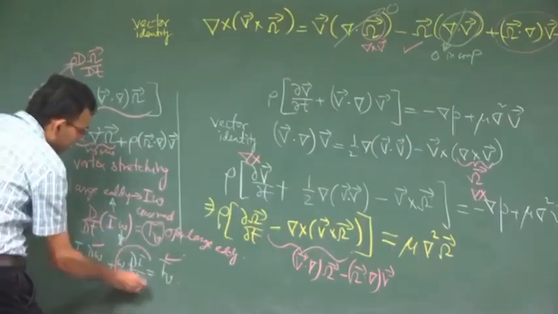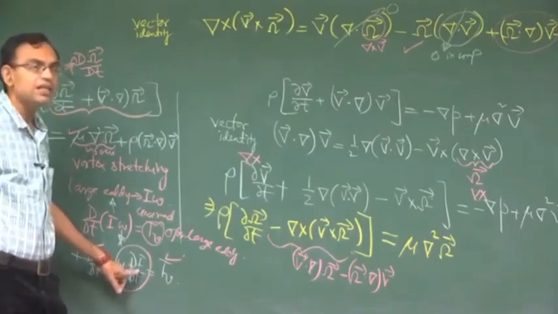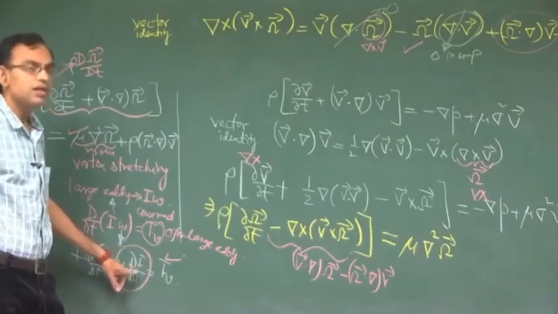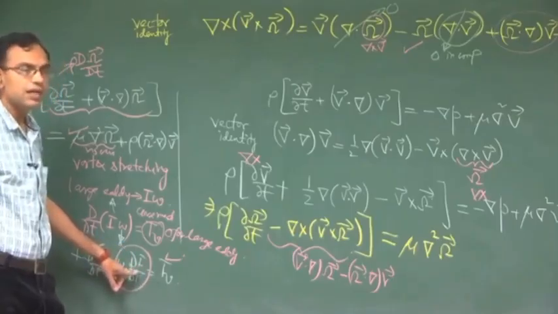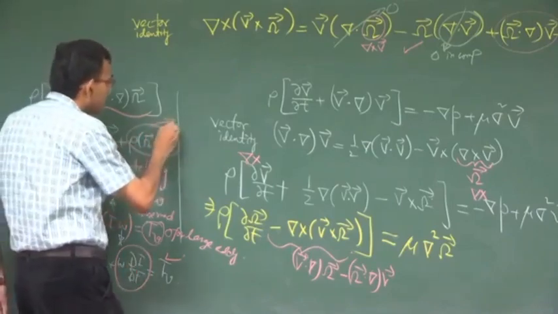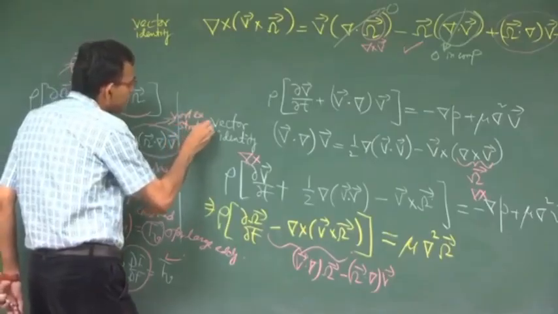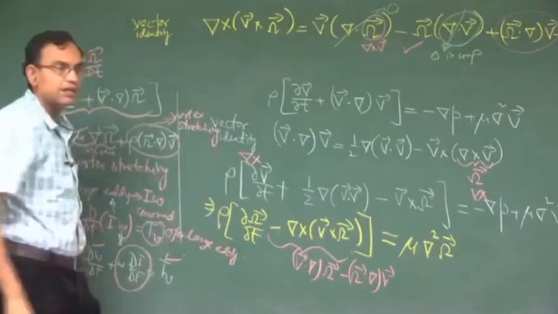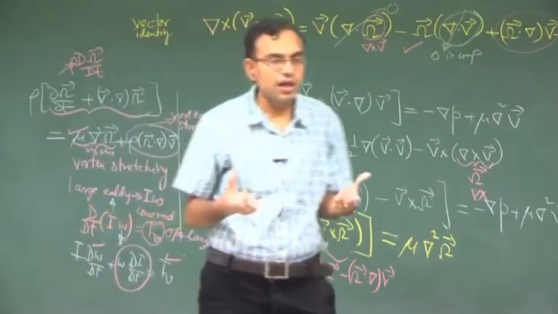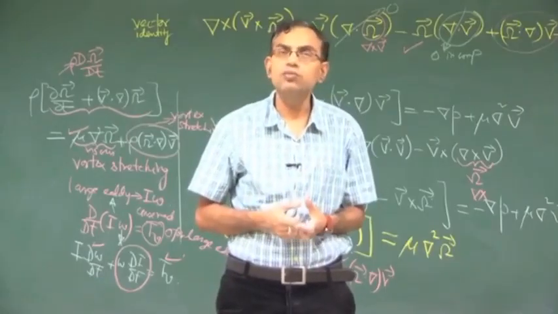So, this is the so called vortex stretching term, which is associated with the change in the total derivative of the moment of inertia of the elements that we are considering. So, this therefore can be attributed to vortex stretching, stretching of vortex elements as they give out their kinetic energy. So, energy cascading and vortex stretching are two very important phenomena that are associated with turbulent flow.